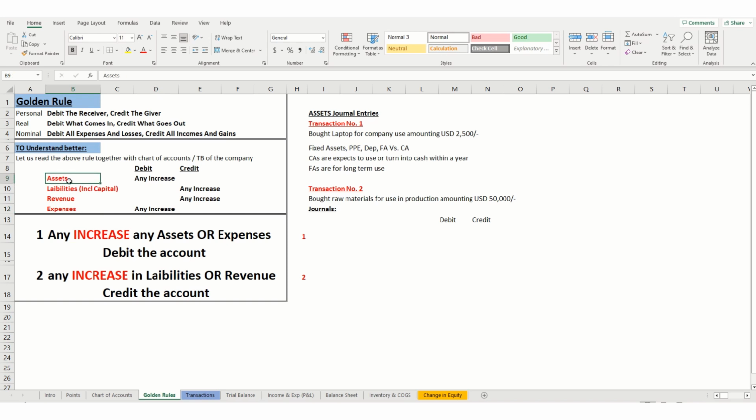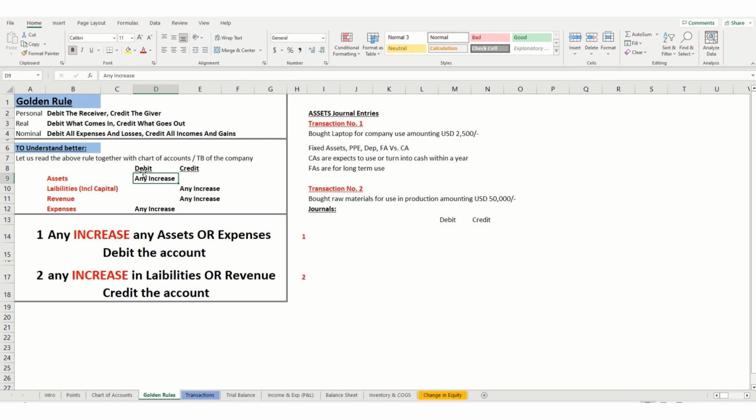Like we have already discussed earlier, any increase in assets or expenses will be debited to the concerned account. That is number one.